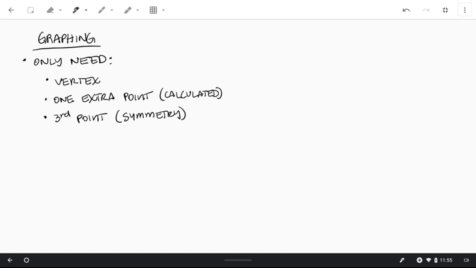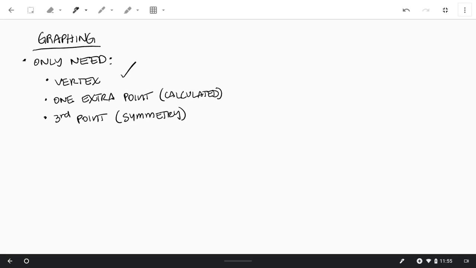Okay, so the only work necessary for graphing is going to be here when we calculate the vertex, unless we're in that other form where there is no calculating, you just have to look. Okay, and then this one extra point. All right, so let's take a look at graphing standard form.